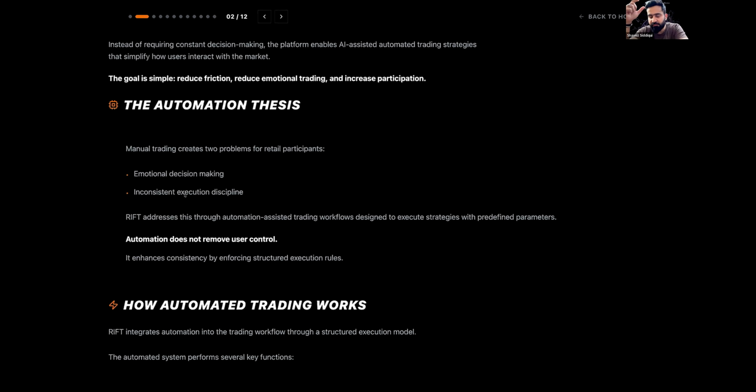When you see the product workflow, you will understand how efficient and automated manual trading is also with Rift. So manual trading is also very automated, and that is the reason I will challenge people to lose money, and the competition will be to lose money faster. It will be very difficult for you to lose money on the product.